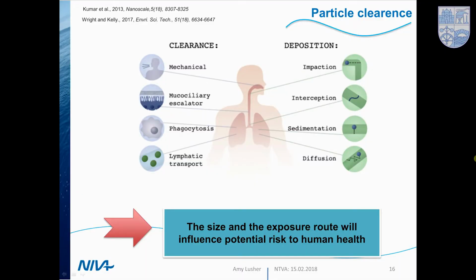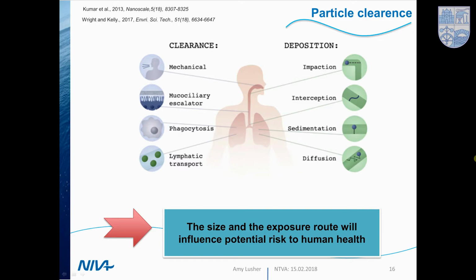The human body has several different ways it can deal with materials that it doesn't want inside of it. We have mechanical clearance mechanisms such as coughing and the mucus escalator, which removes particles from our trachea when they're an irritant. When we're coughing, it's because something's causing an irritation, and it allows us to expel them.